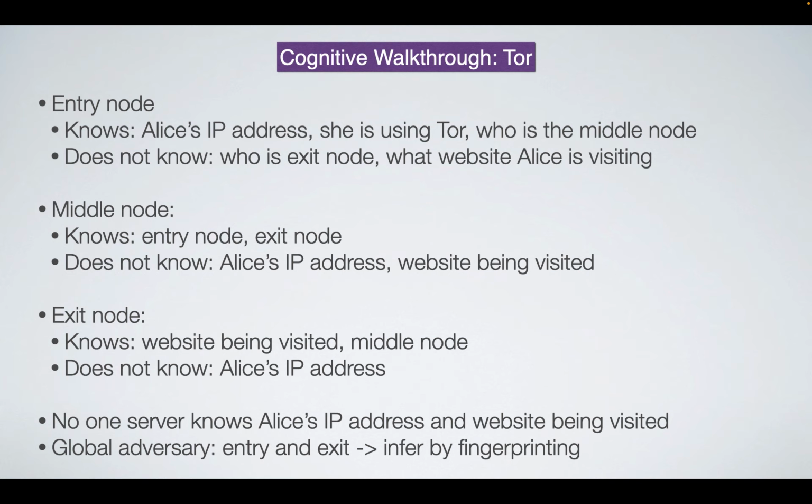Right. The entrance and exit nodes are randomly chosen and changed every 10 minutes. That means there's no way for the government to pinpoint just one particular person, because the government might have the exit node and the beginning node, but since it's random, they might not.